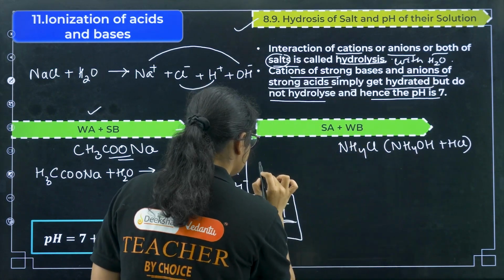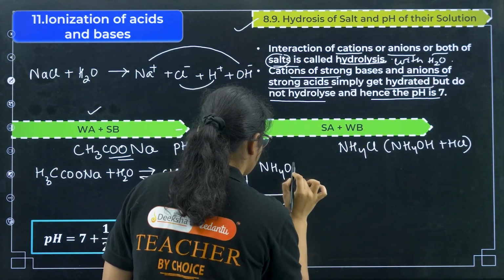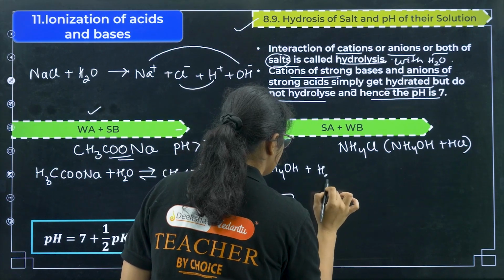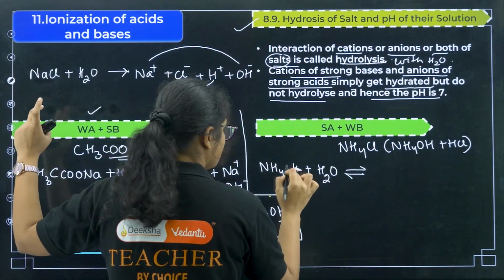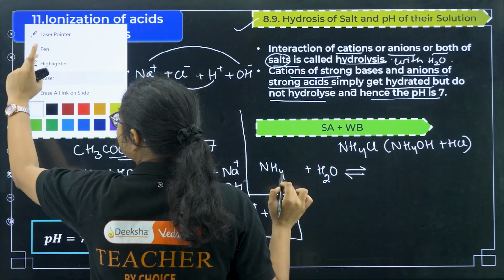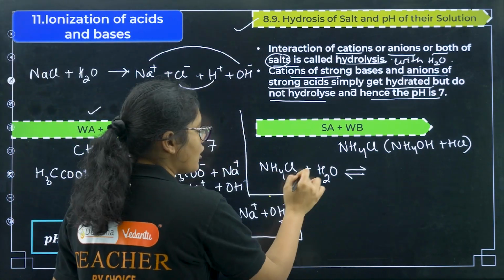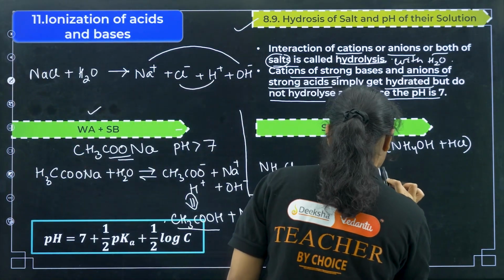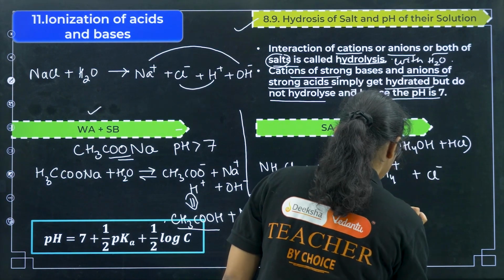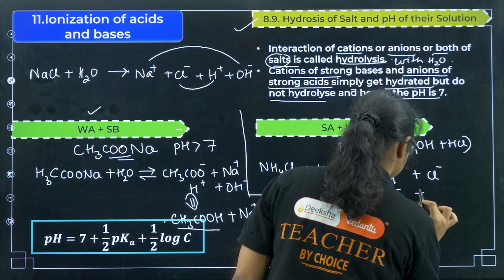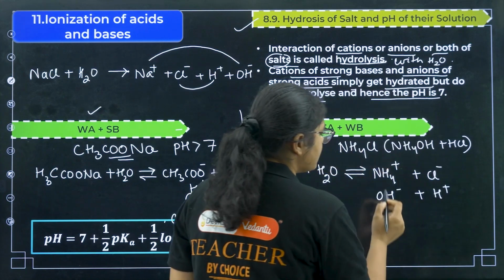So now if this one is taken in water, so we have here NH4Cl. Now how will it dissociate? You will get NH4+, then you will get Cl-, you will get OH-, and you will get H+, right. Now what will happen?